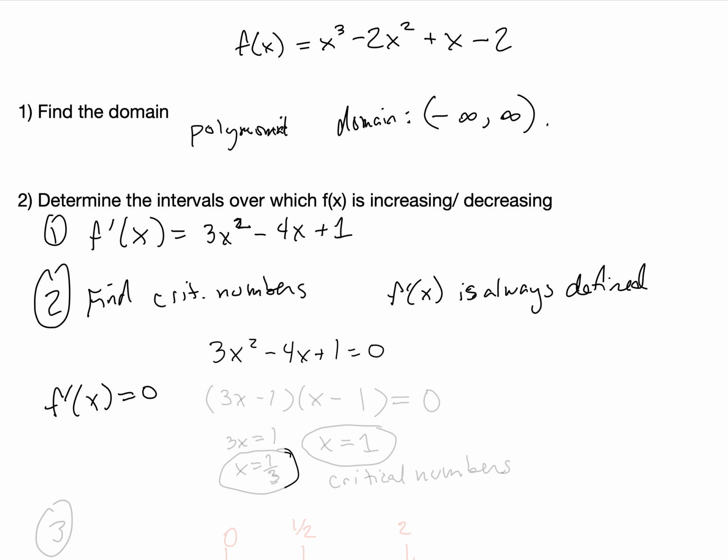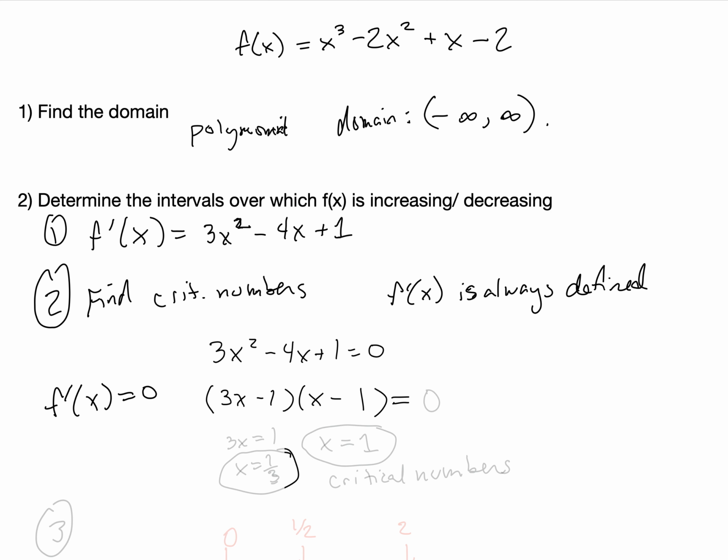Let's see, does this factor? If it does, it's 3x plus or minus something times x plus or minus something to get that 3x squared. And yes, if we use a -1 and a -1, then this does factor, because 3x times -1 is -3x, minus an x is -4x, and the last terms multiply to give us a +1.